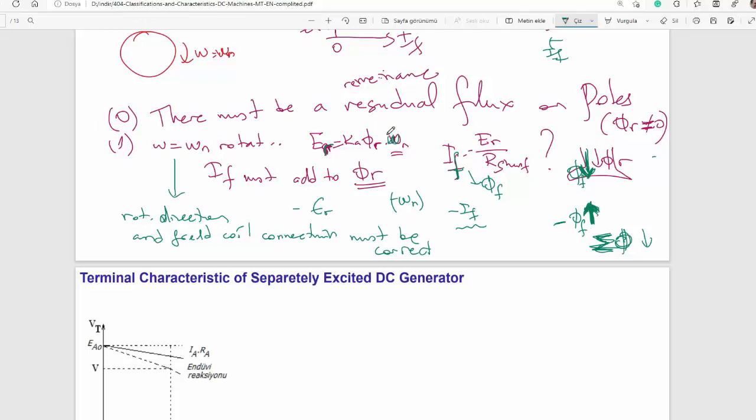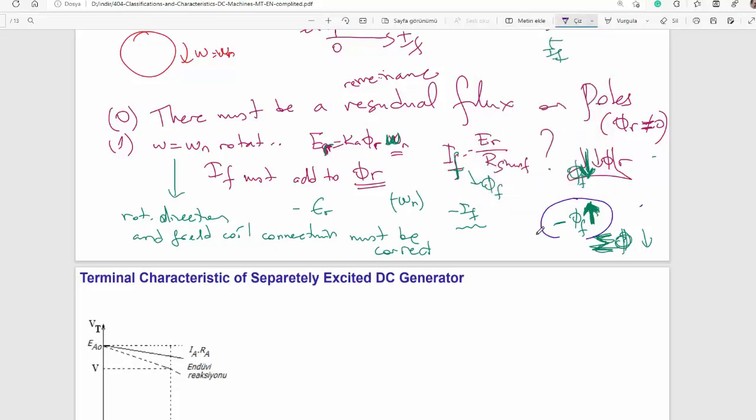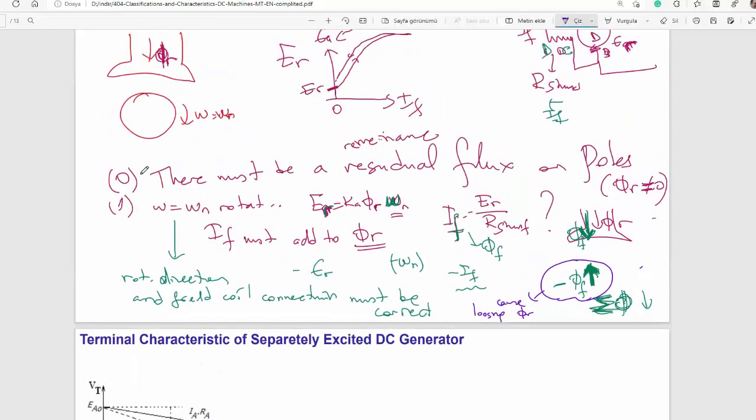If you make a reverse rotation, it will cause again losing phi. Phi will be lost due to reversing magnetic field. You have eliminated phi.